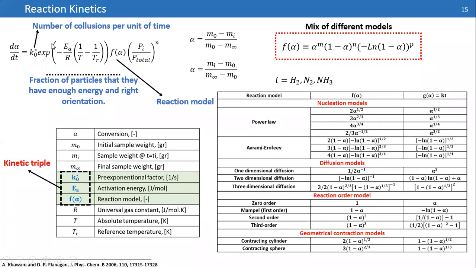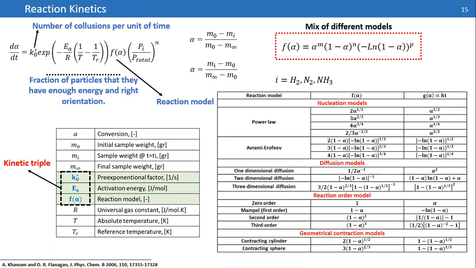K0 is the pre-exponential factor, the number of collisions based on collision theory, a good representative of how many molecules contact your solid.